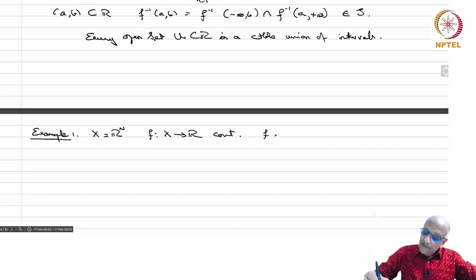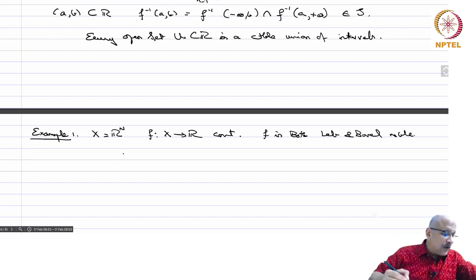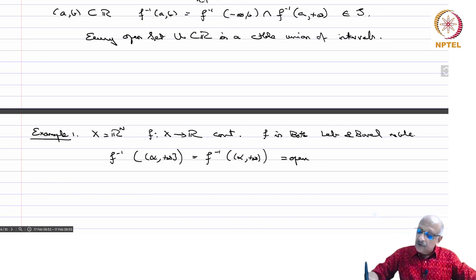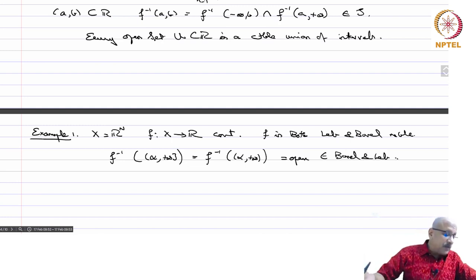Then f is both Lebesgue and Borel measurable, because f inverse of (alpha, plus infinity) is an open set. f is continuous, so this is open, and therefore it belongs to the Borel and Lebesgue sigma algebras. Okay, so this is a very easy example.